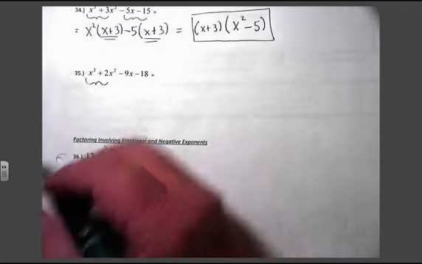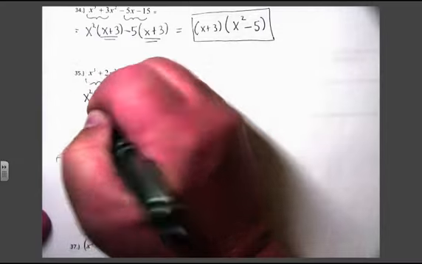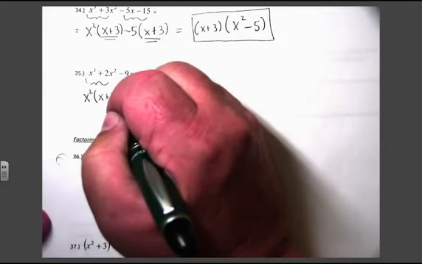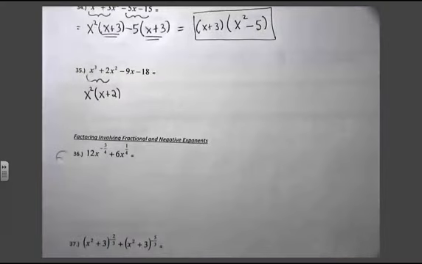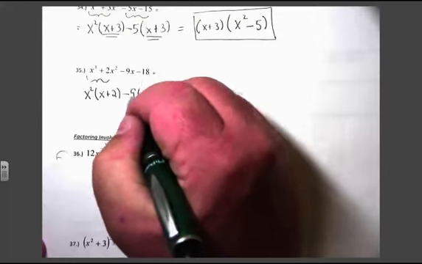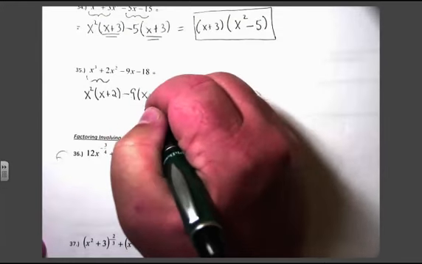What's in common? X squared. What are you left with? X plus 2. Now I've got a minus 9x minus 18. What have I got in common? Negative 9. Factor the negative 9 out. What are you left with? X, and take a negative 9 out of a negative 18. I'm left with a plus 2.